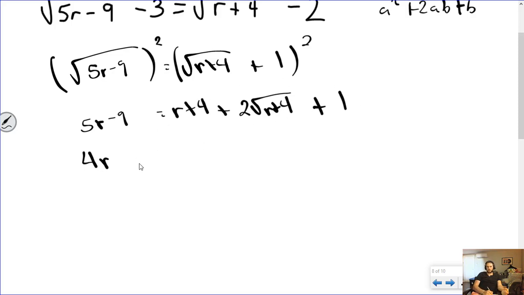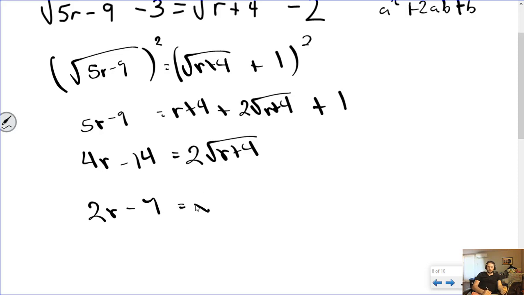So I'll subtract 5 from both sides and move that over, and I get 14 is equal to 2 times the square root of r plus 4. Now you could square both sides at this point, but it might be easier to divide both sides by 2 first. So we get 7 is going to be equal to the square root of r plus 4.